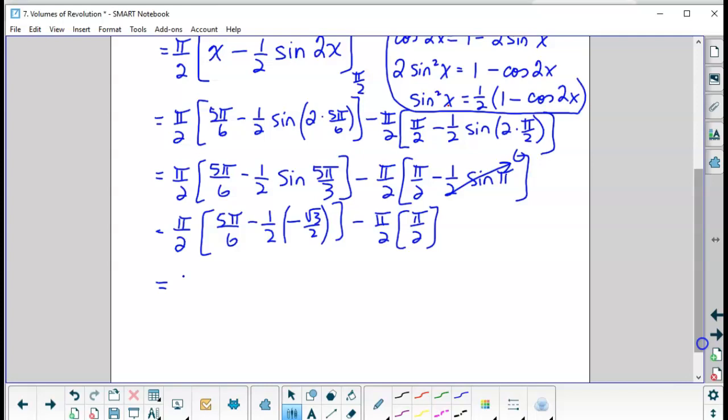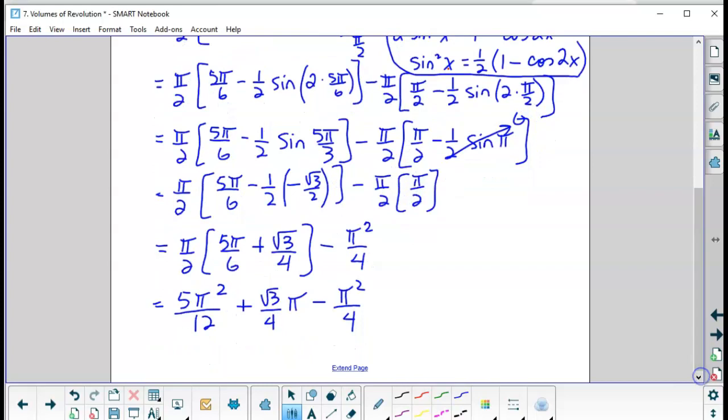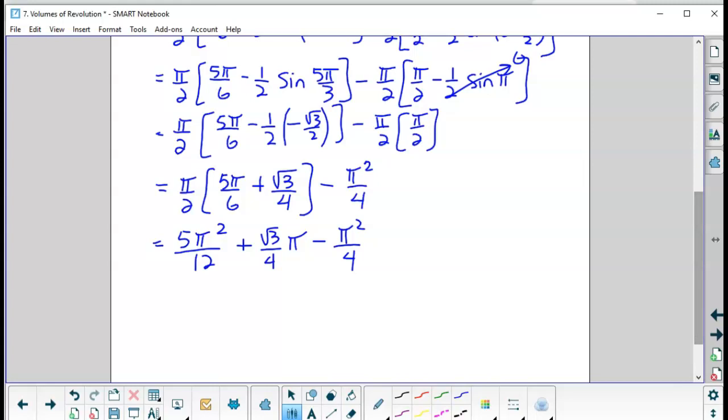Okay, you can do this all in more steps, or fewer steps, I should say. So that's going to be pi squared over 4, and this is going to be 5 pi squared over 12 plus root 3 over 4 pi minus pi squared over 4. So I can simplify the pi squareds, with a common denominator.